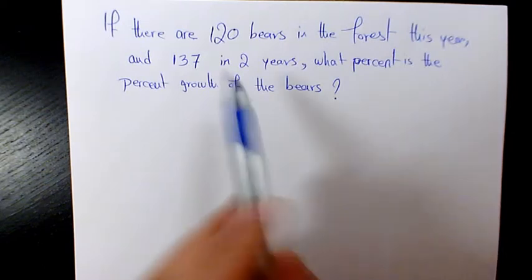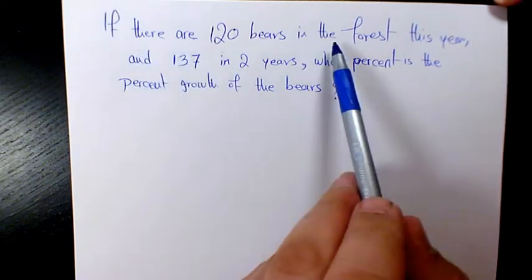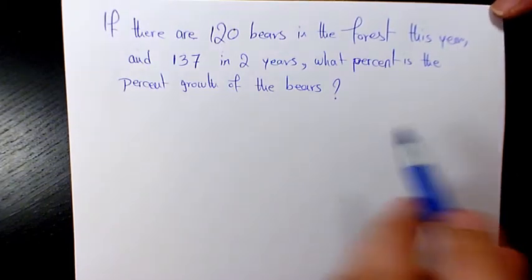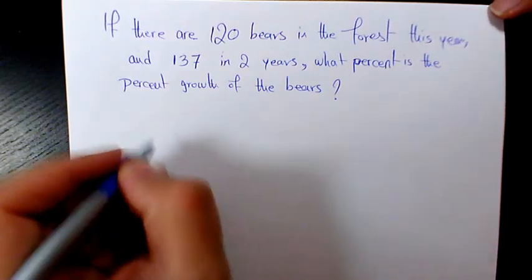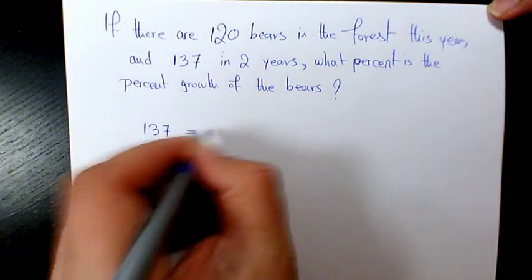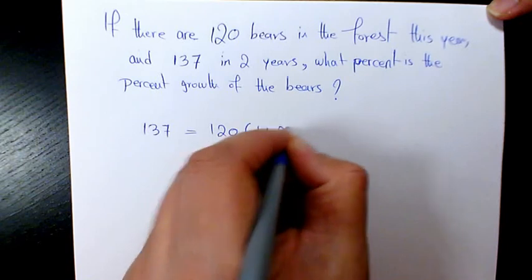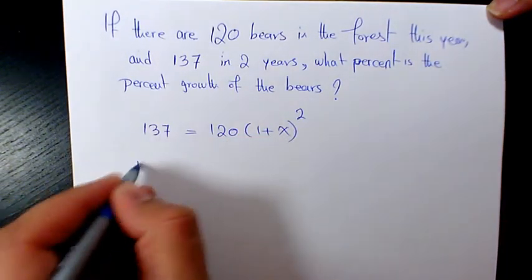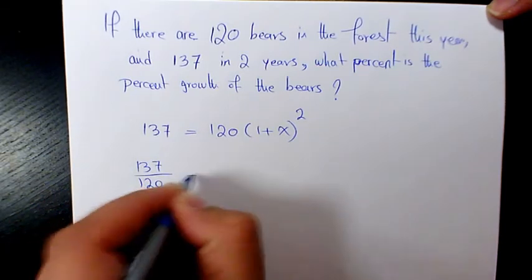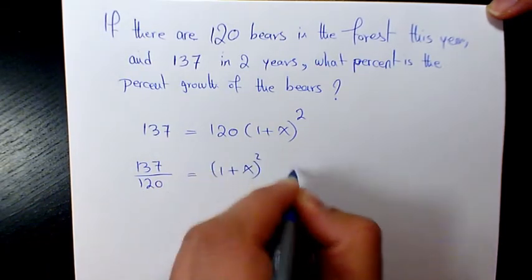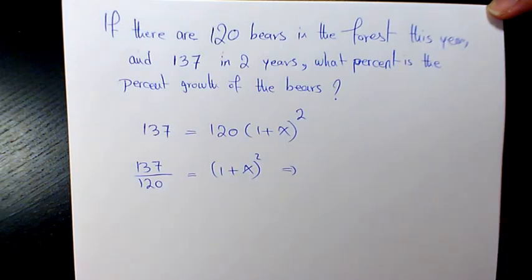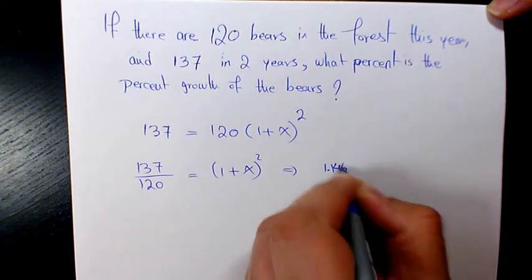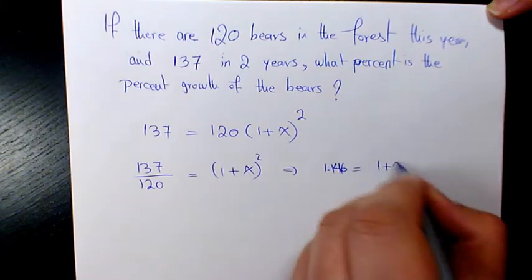Now in this example, it says if there are 120 bears in a forest this year and 137 in 2 years, what percent is the percent growth of the bears? So it's going to be 137 equals 120 times 1 plus X to the power of 2. In order to solve X, I need to divide both sides by 120. 137 divided by 120 is going to be 1.1416 equals 1 plus X to the power of 2.